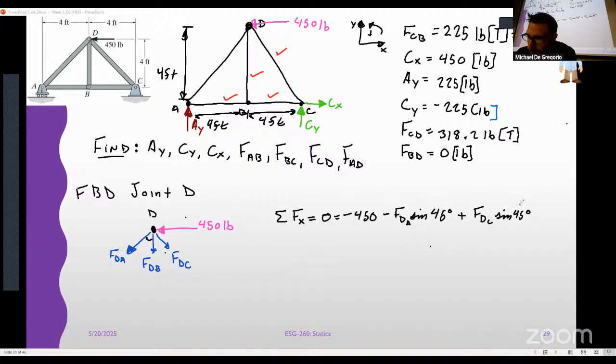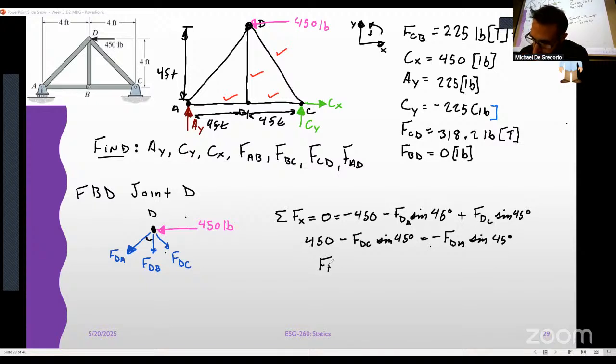There's no component there from the other one. We know everything in here, so we can just solve this directly. We don't even need the other equation. Sorry, let me do it this way. 450. We're looking for FDA. Minus FDC sine 45 is equal to negative FDA sine 45 degrees.